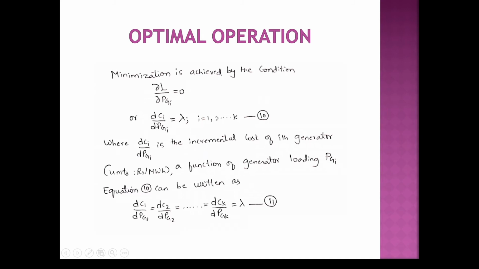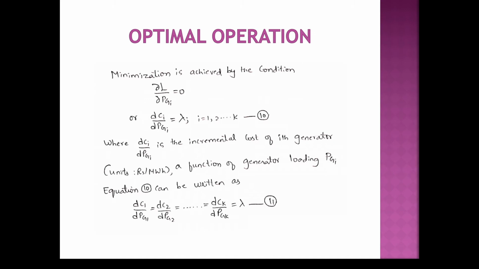It is the incremental cost of the ith generator. What are its units? Rupees per megawatt hour, a function of generator loading PGi.